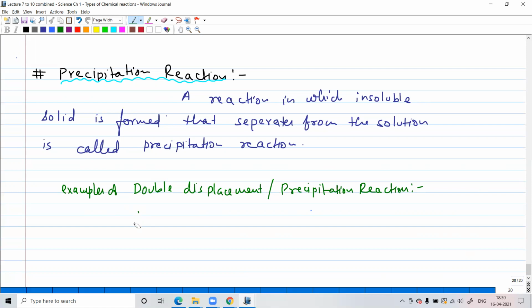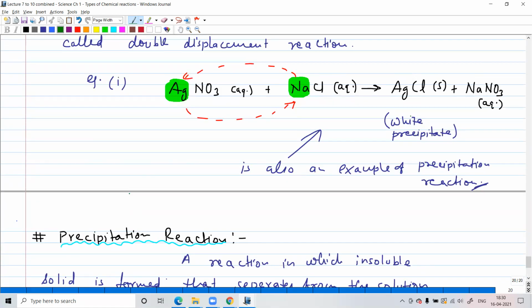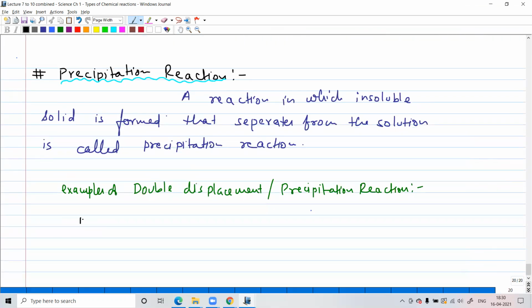So the first one I had given here. Let's start with the second example. What will be this compound name? Tell me. Barium chloride.